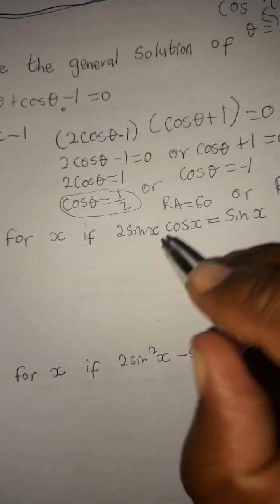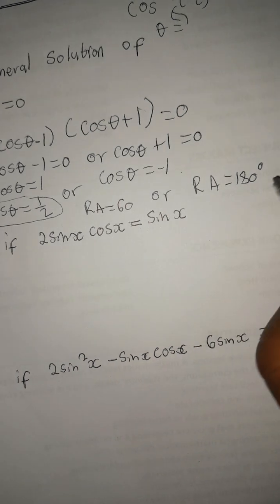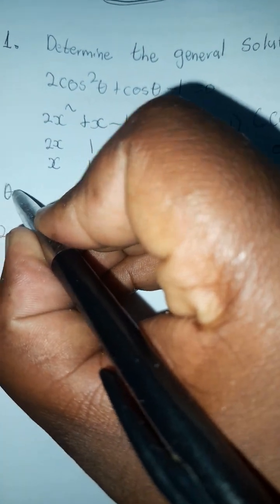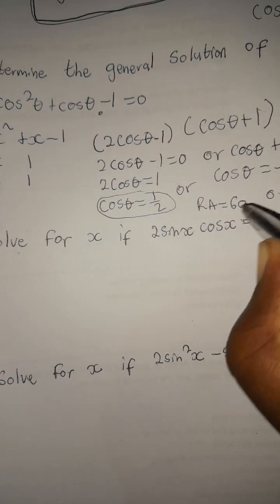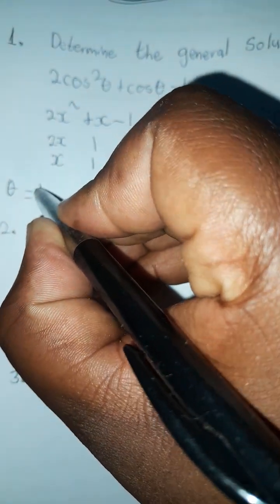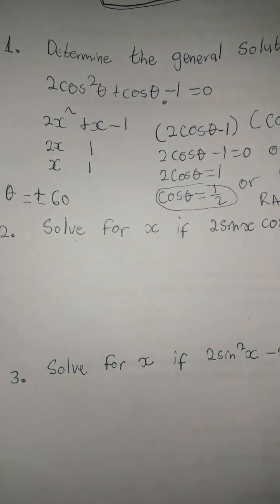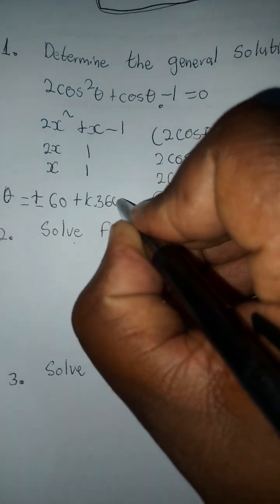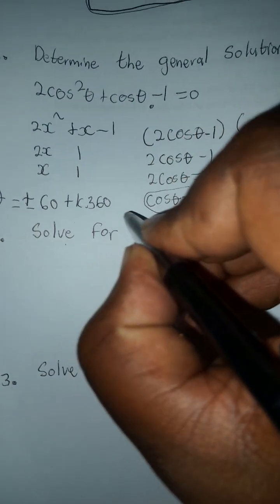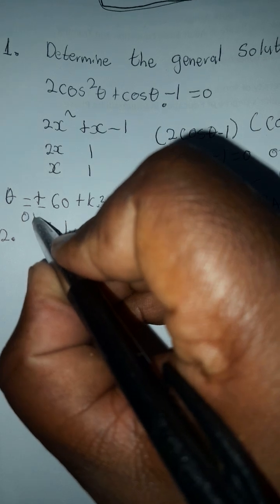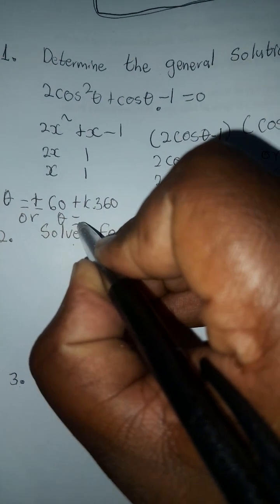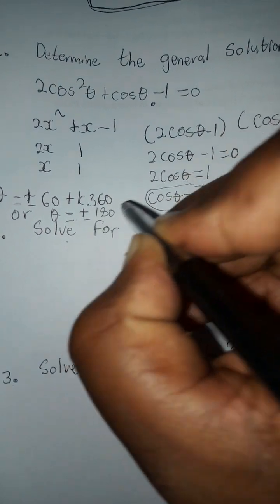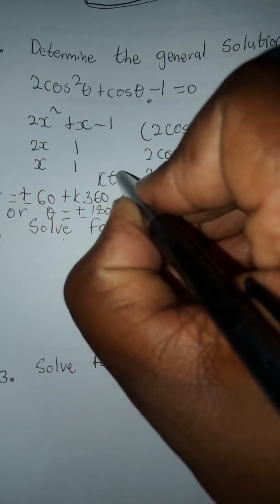Are we done yet? No. We have the reference angle as 60, and we also have the reference angle as 180. So since our reference angle is 60, remember for cos, this will be plus or minus 60 plus k times 360, where k is an element of integers. And for the other one, because we're dealing with cos, this will be 180 plus k times 360, where k is an element of integers.